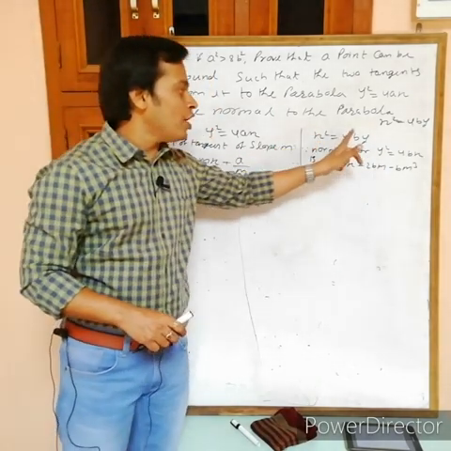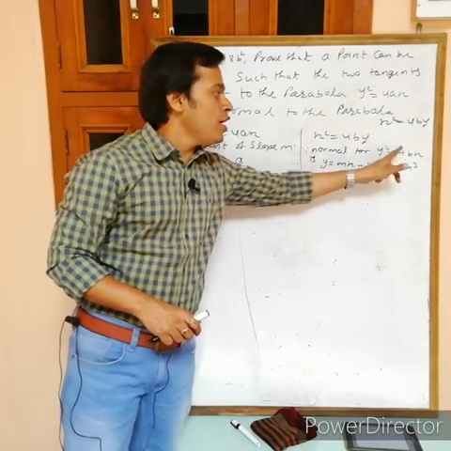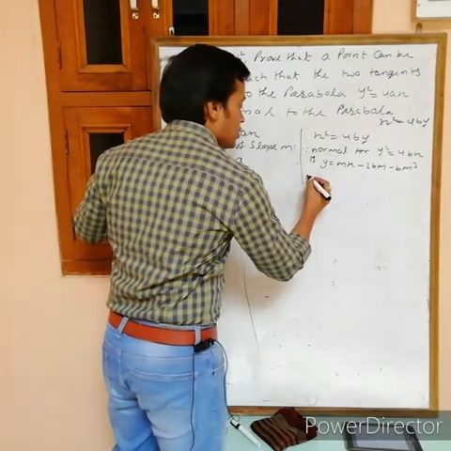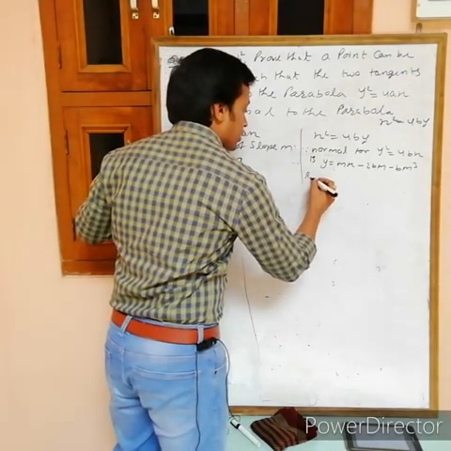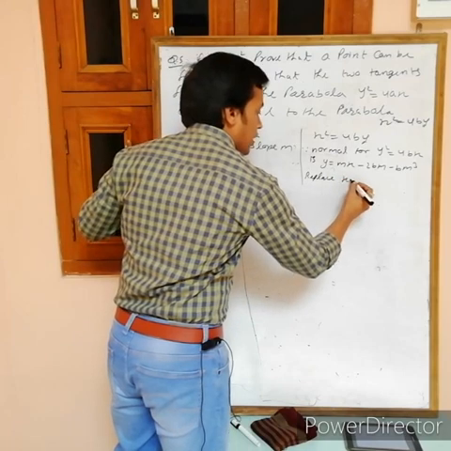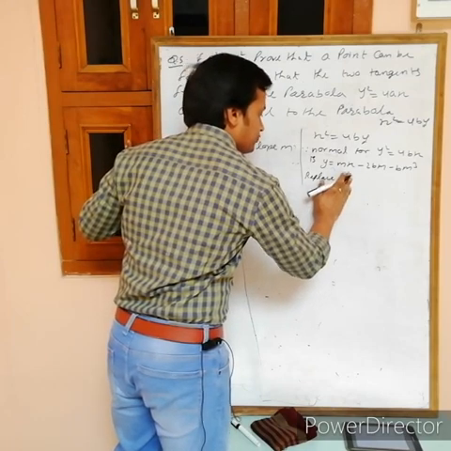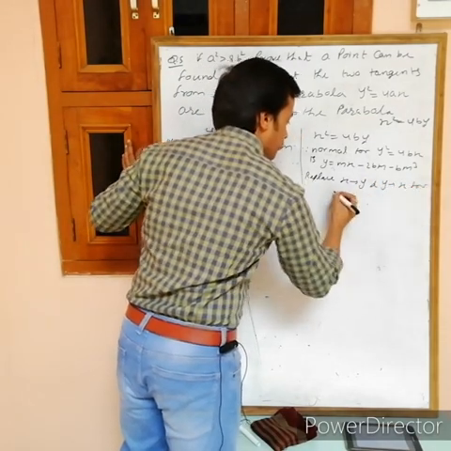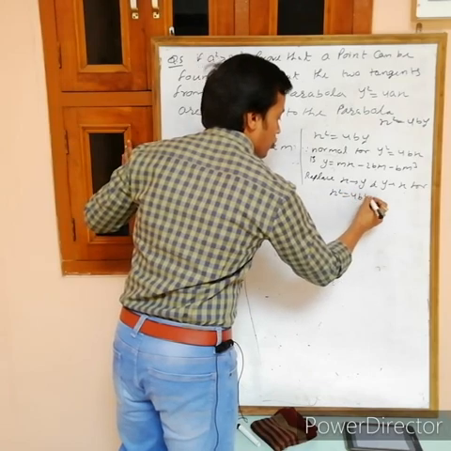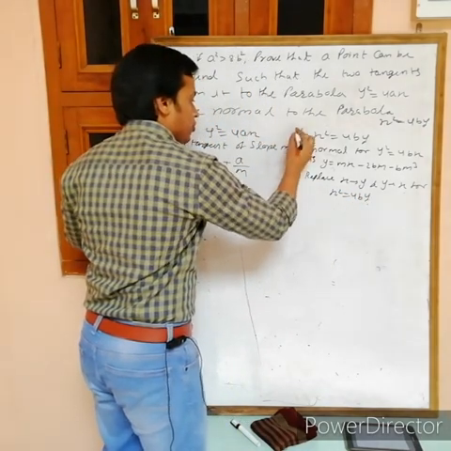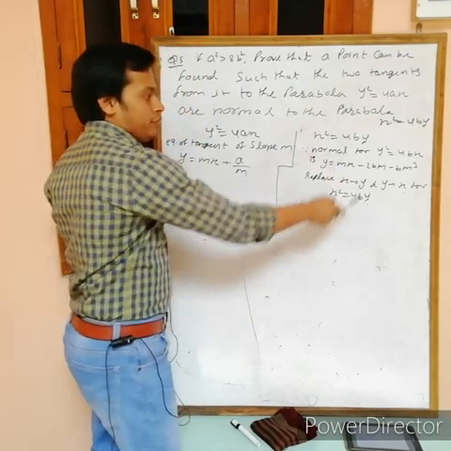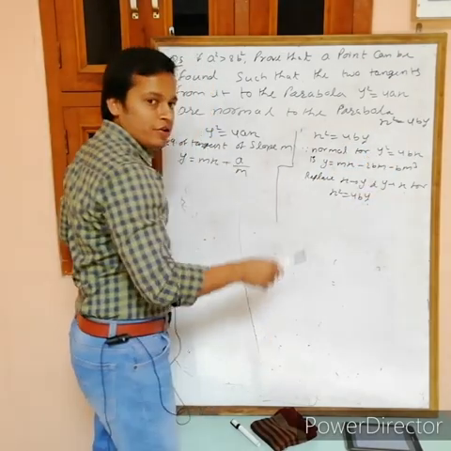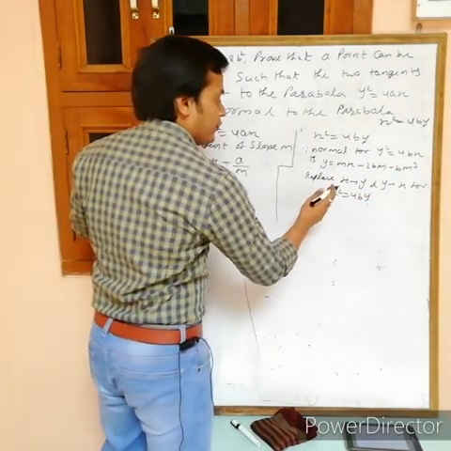In the place of x, we have y, and in the place of y, we have x. So use these replacements: replace x with y and y with x. Now we have to replace x with y, because in the place of x we have y and in the place of y we have x, so we use the same replacement.